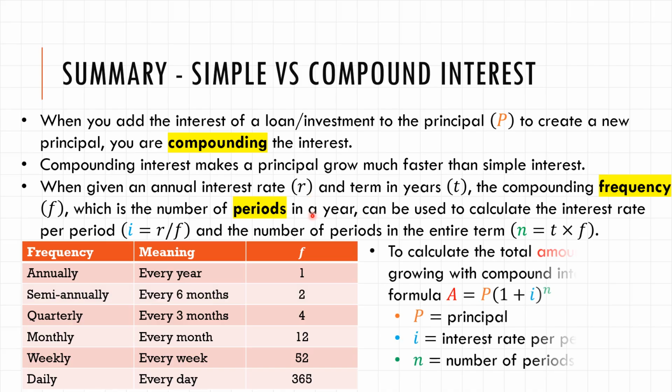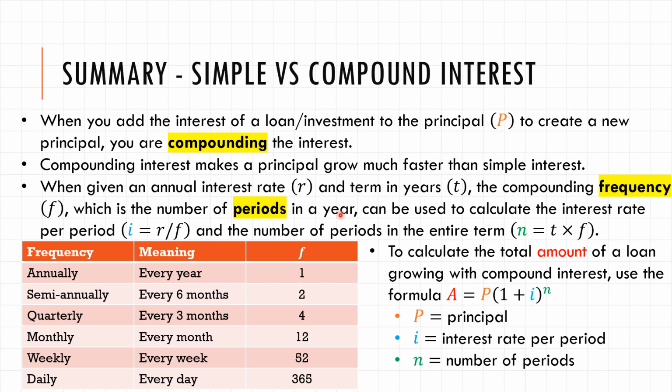So the formula to calculate the total amount of a loan, if it's growing with compound interest, is P times (1 plus I) to the power of n. P is still the principal, that's the amount that you borrow at the start of a loan or at the start of an investment.